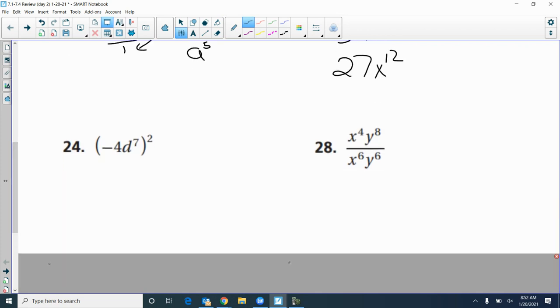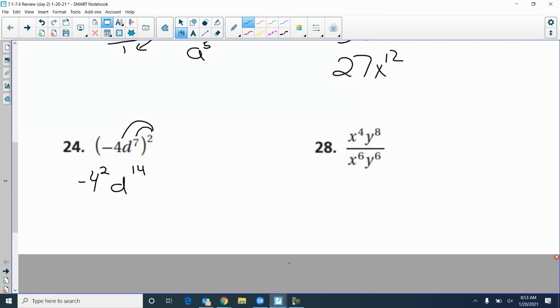Okay, same idea here. We're not gonna get freaked out by this negative. 2 is gonna go there. 2 is gonna go there. So I get -4 squared and d to the 14th. Okay, Zach, tell me, what do I need to do about the negative here? You need to, well, since it's not attached to the 4, wait.